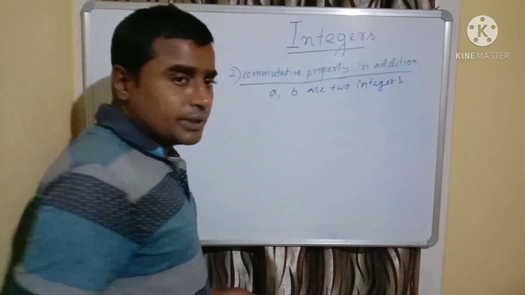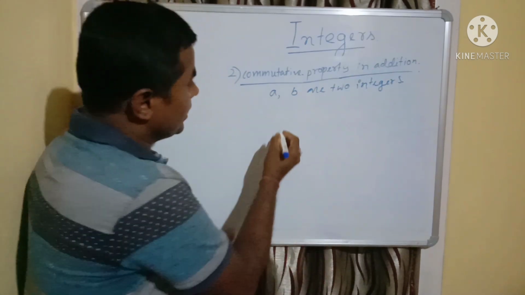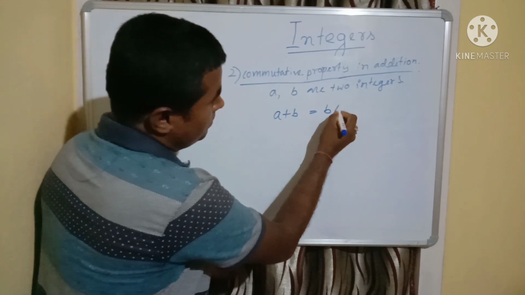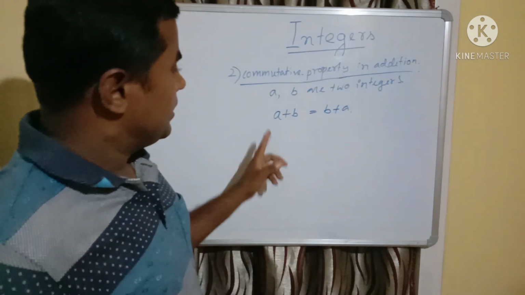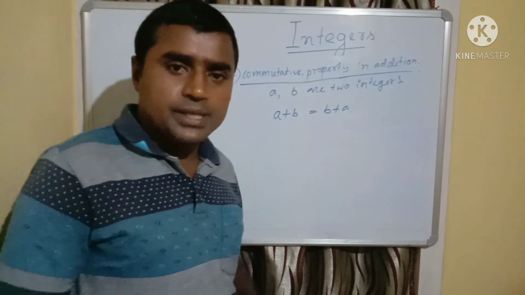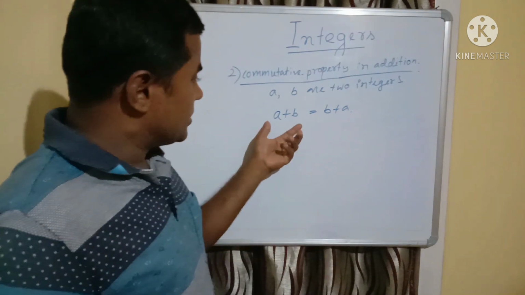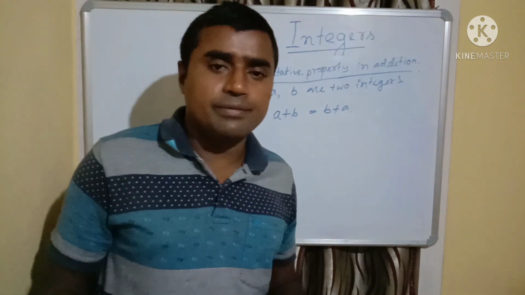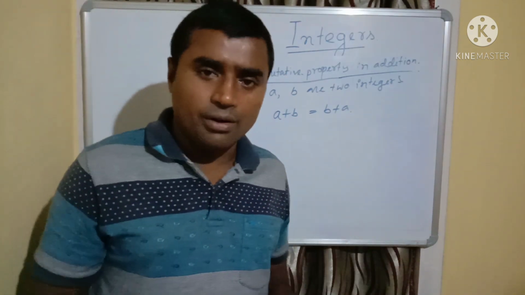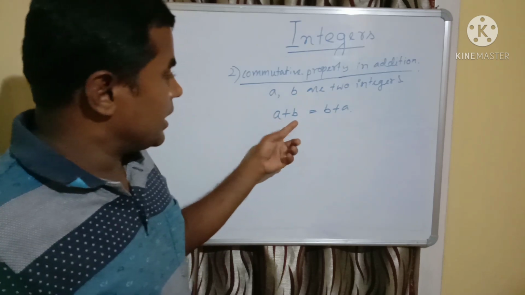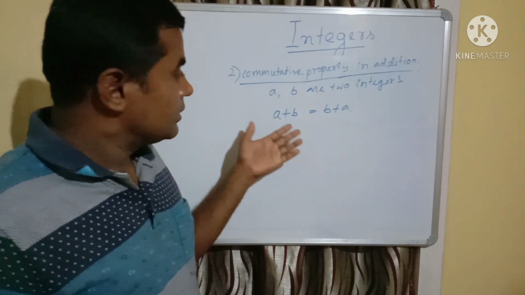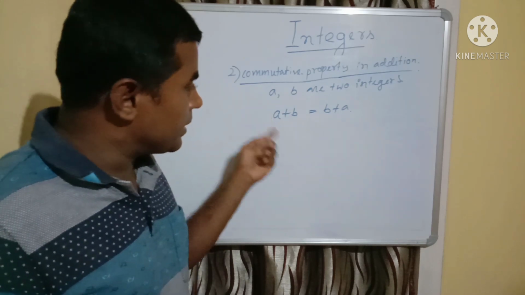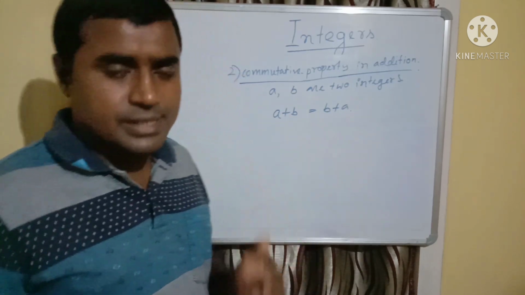Then A plus B is equal to B plus A. This means the sum of two integers remains the same if their addends are altered. When you compute A plus B you get a result, and similarly B plus A, both results are the same.